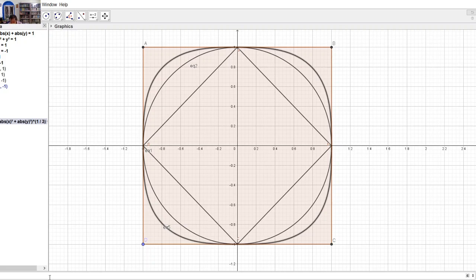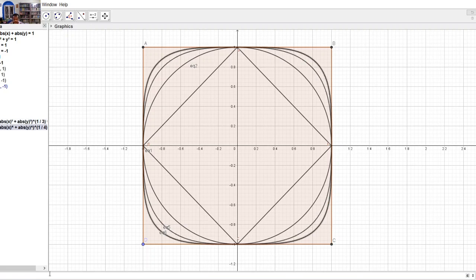You can plot modulus of x raised to 4 plus modulus of y raised to 4, all raised to 1 by 4, that is equal to 1.